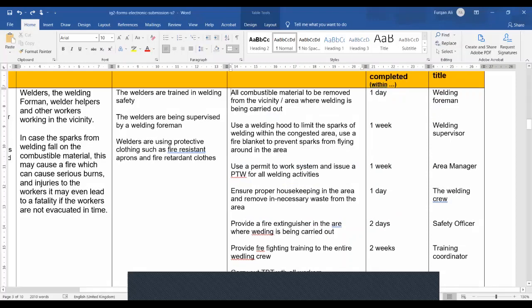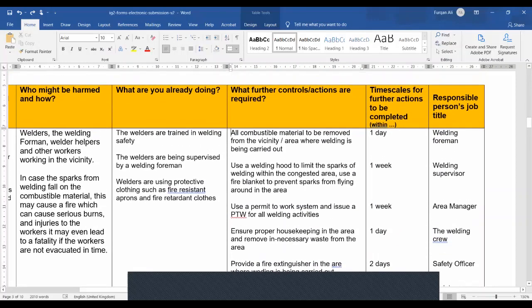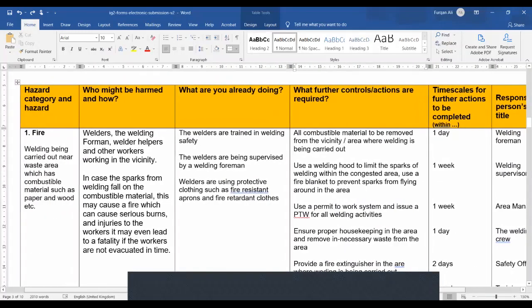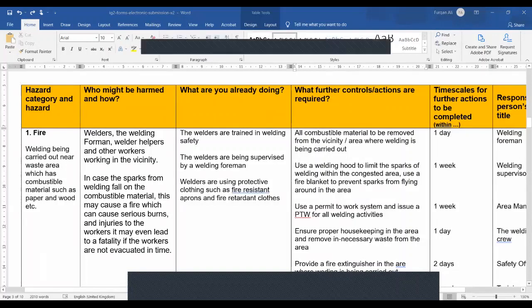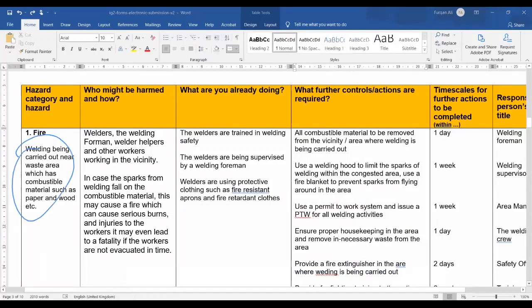So now I have given one example. I won't go through all 10 hazards. I've just given you one example of how to complete it for one. Now what you need to do is identify at least 10 hazards, at least 10 hazards like this, from at least 5 hazard categories like this, okay?